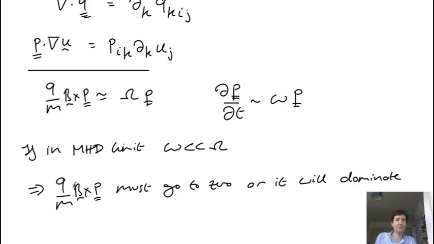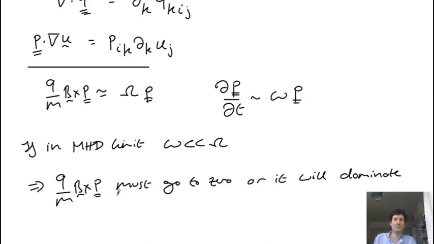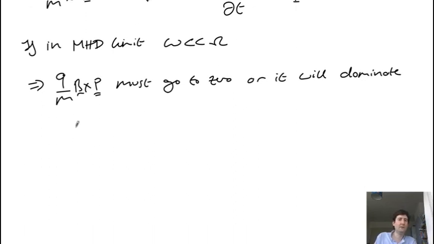There must be something to do with the solutions which means that this is a small quantity. The reason is actually that the pressure has some structure to it, it's in fact gyrotropic, which we're going to come to very shortly.